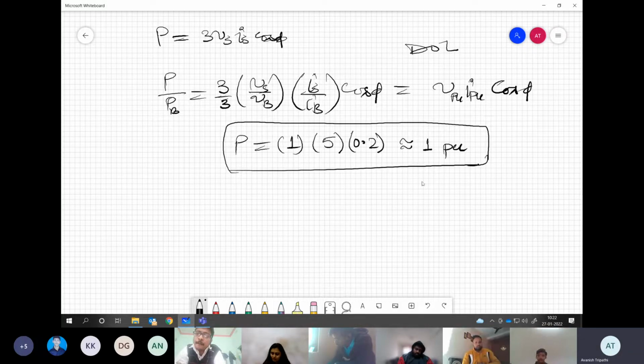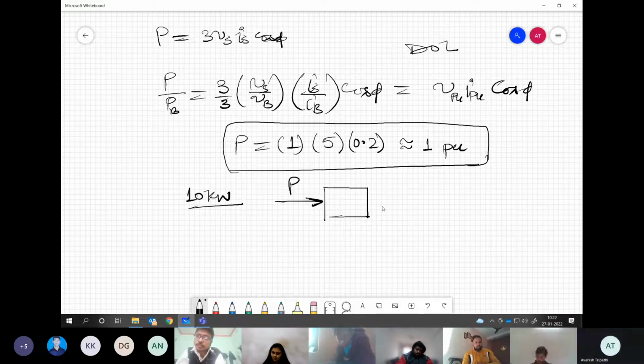Looks pretty okay. But say you have a 10 kilowatt motor and you are doing direct online start, this complete power is flowing into the motor. And what is the mechanical output at starting? 0, because speed is 0.